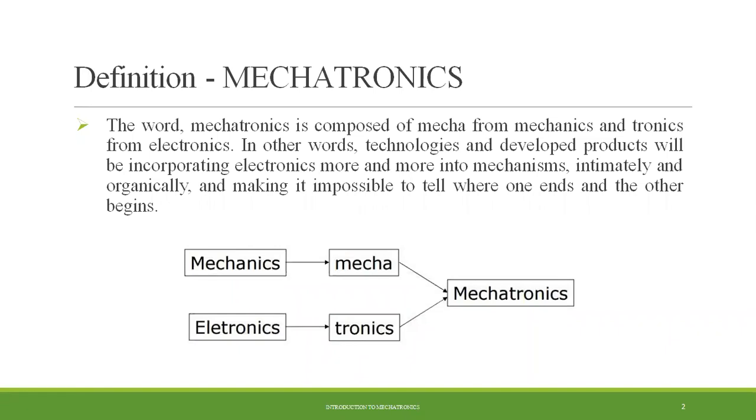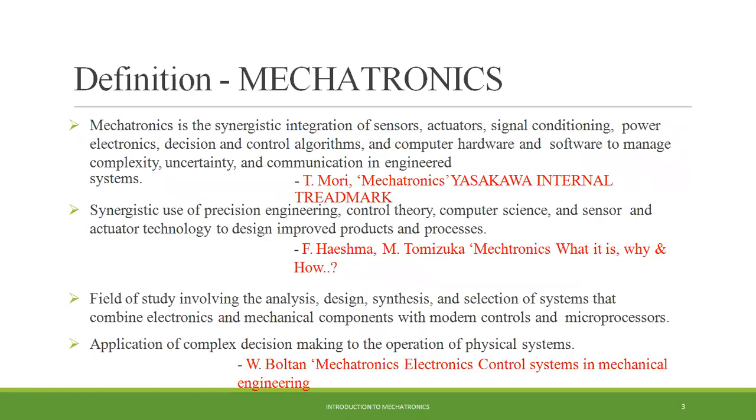Moving on to the basic definition of mechatronics, different authors related to different fields of the globe have given different kinds of definitions, and we'll be looking at them one by one periodically.